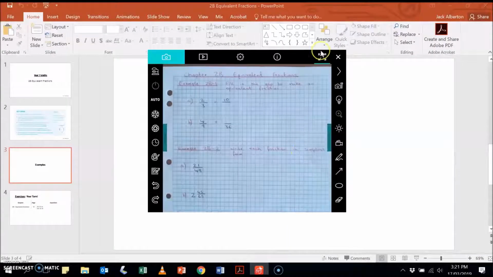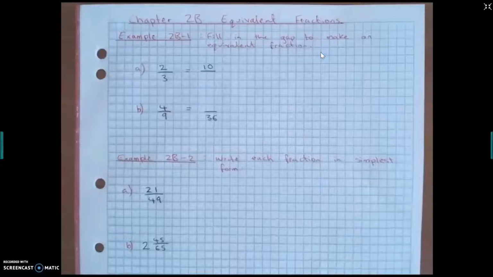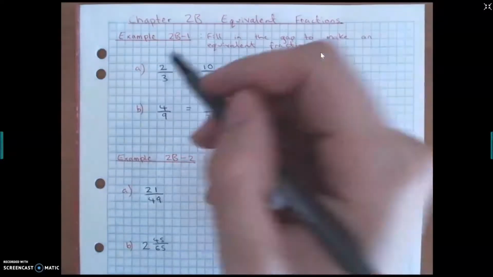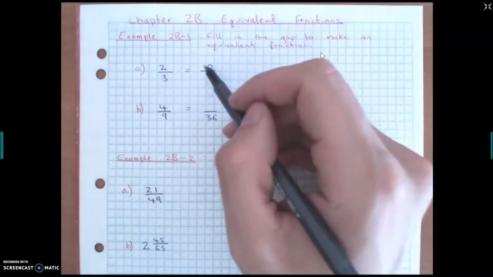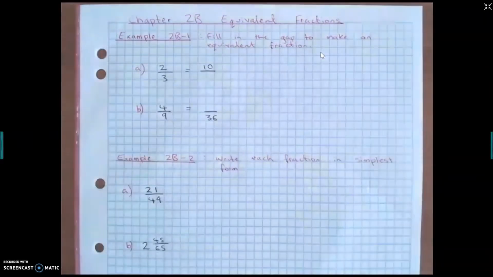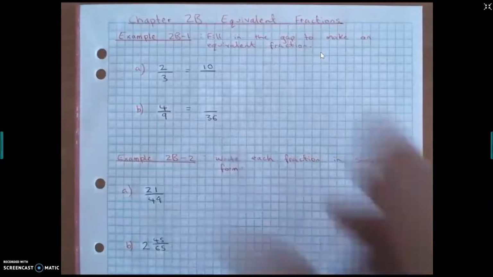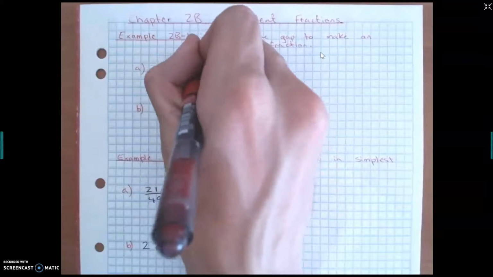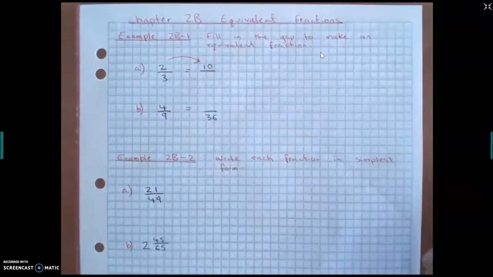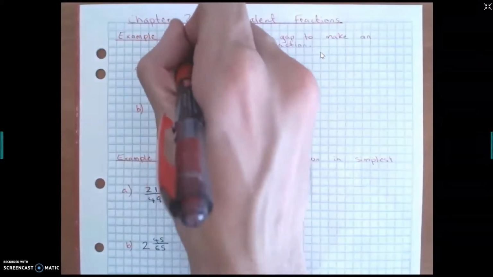So, working from the textbook, example 2b1, it asks us to fill in the gap to make an equivalent fraction. I have 2 over 3, and they've given me the top number here as 10. So, to go from 2 to our 10, we've multiplied by 5.